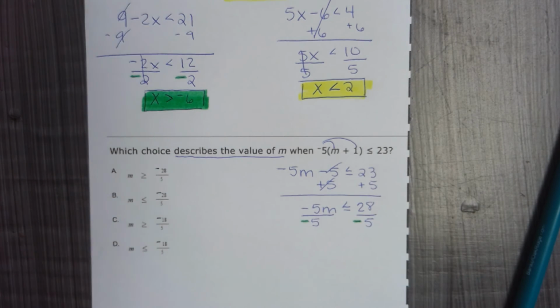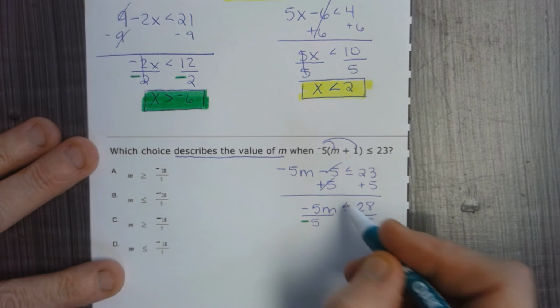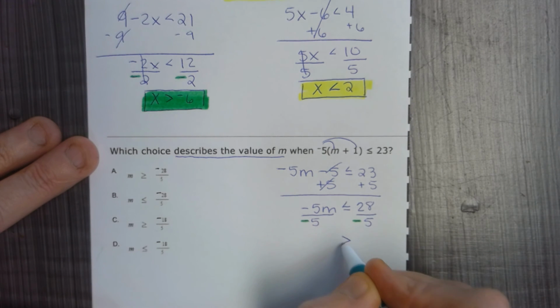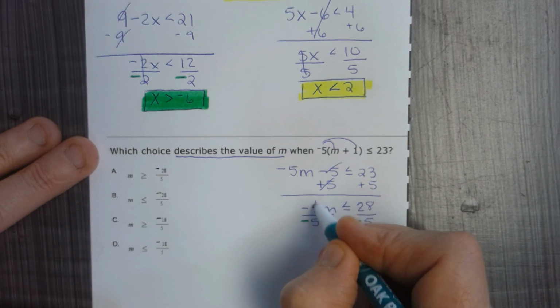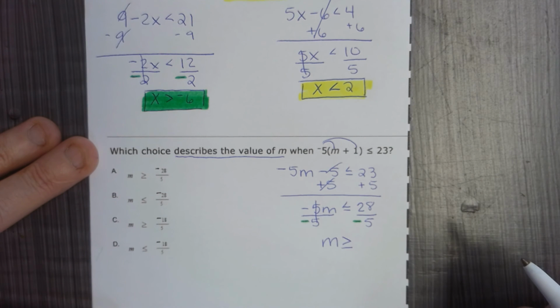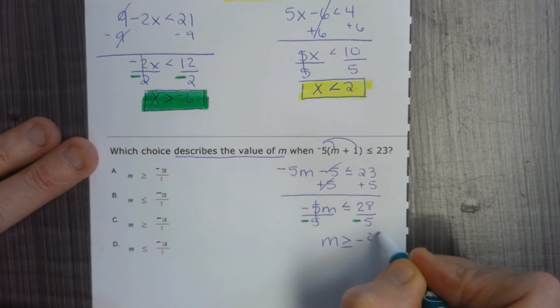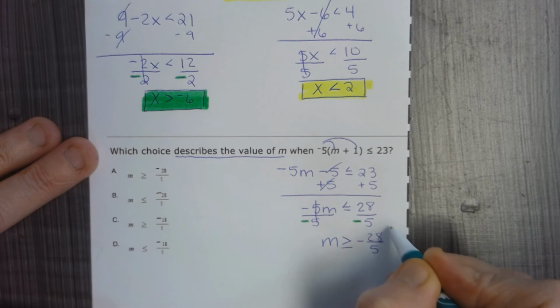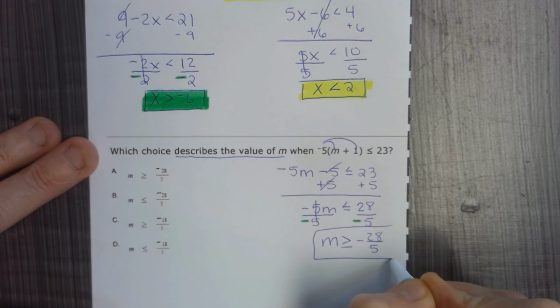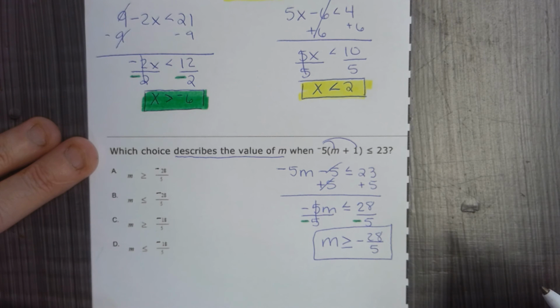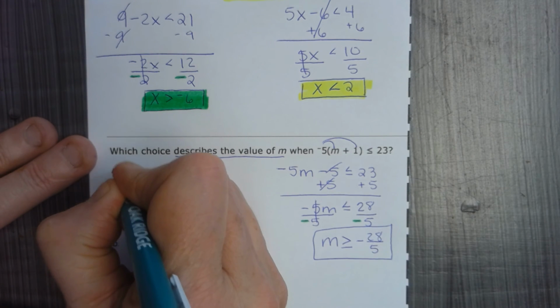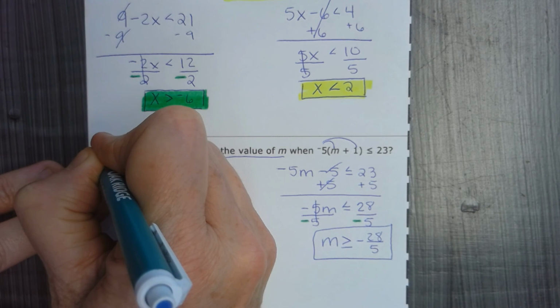So the inequality sign switches direction. And we get m is greater than or equal to negative 28 divided by 5. The correct answer is A.